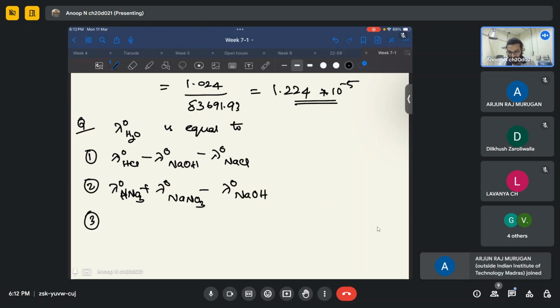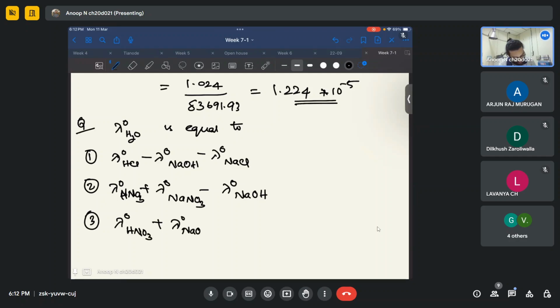Third option is lambda 0 HNO3 plus lambda 0 NaOH minus lambda 0 NaNO3.